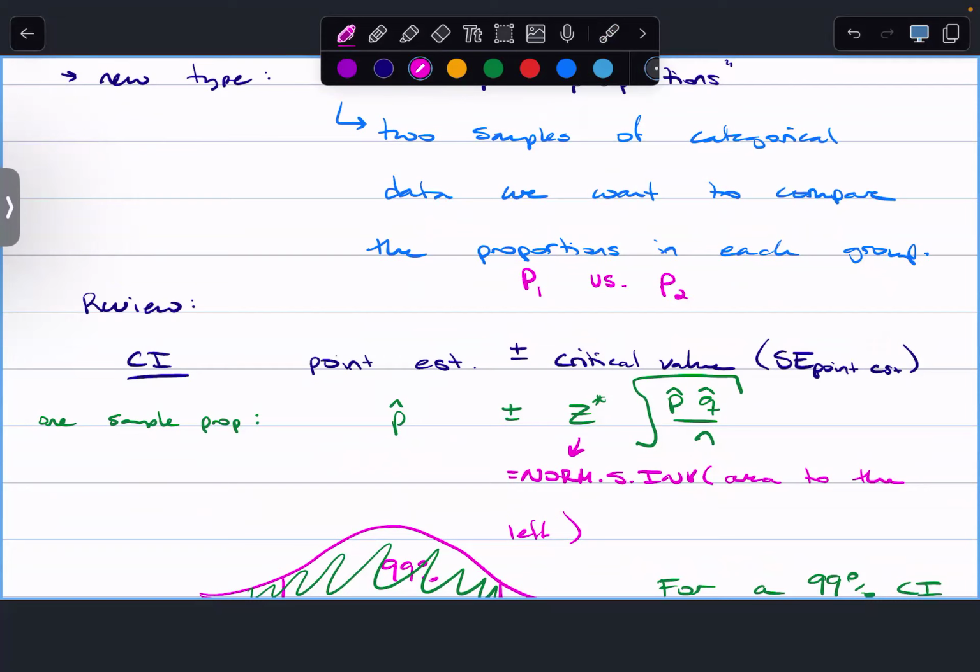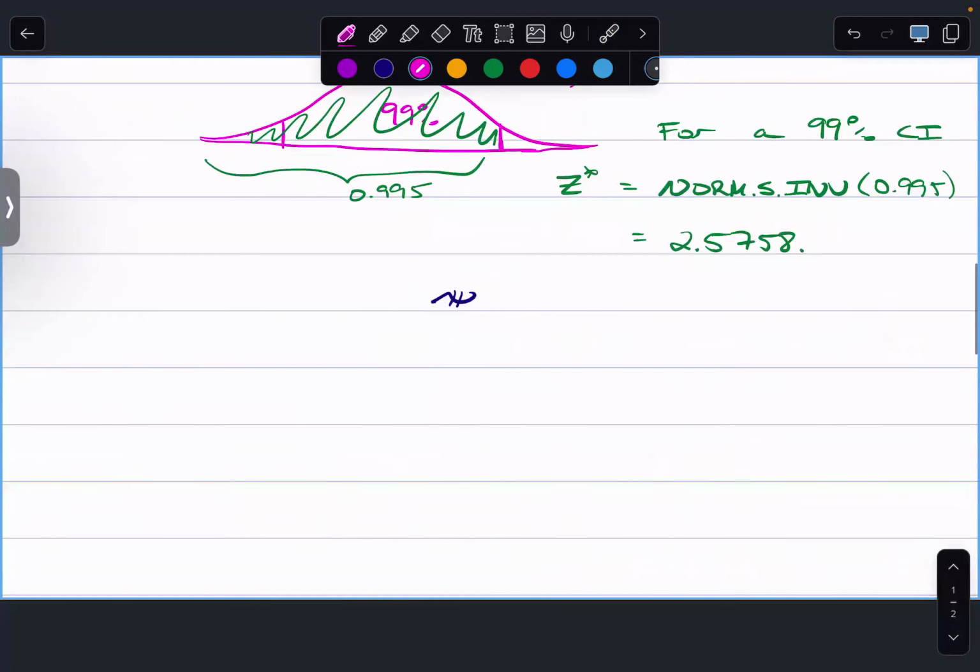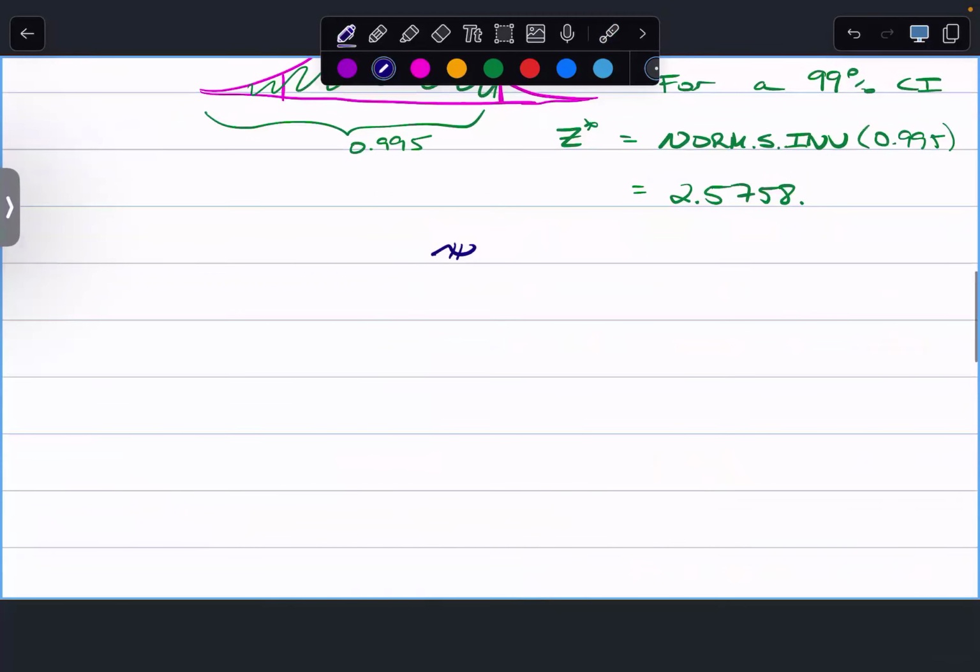Now, if I asked you to compare these mathematically, your go-to would probably be what? Well, probably looking at the difference, right? How far away from each other are they?